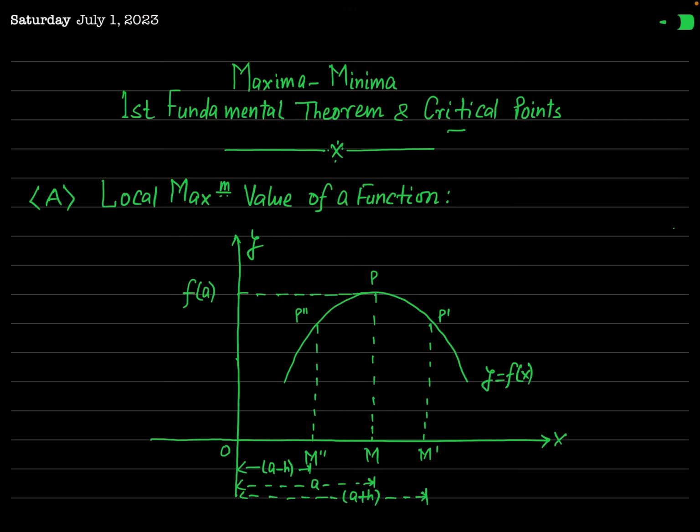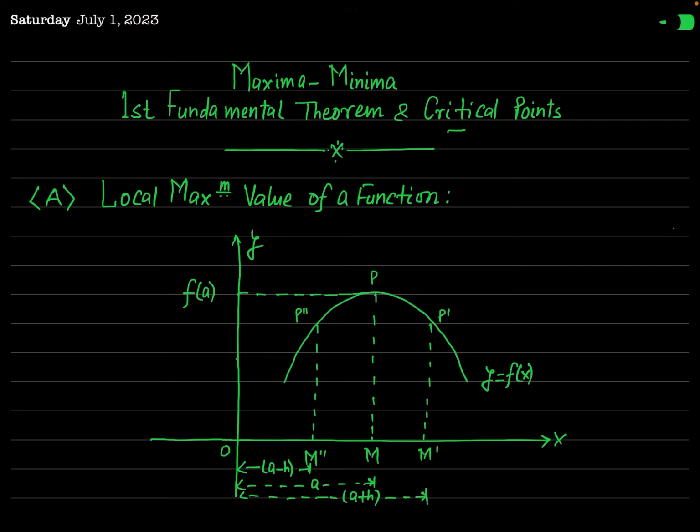For dealing with maxima and minima, it is essential to know the idea of critical points. So before knowing in an analytical way the condition for maxima and minima of a function, you should definitely know about critical points. One by one we will learn about the definition, or the first fundamental theorem, or the condition for local maxima, and after that we will see the concept of critical points.